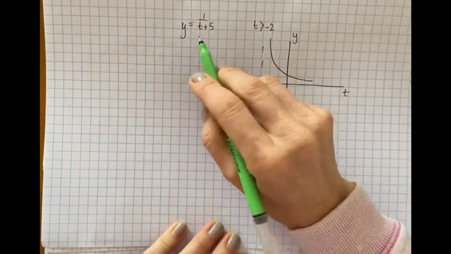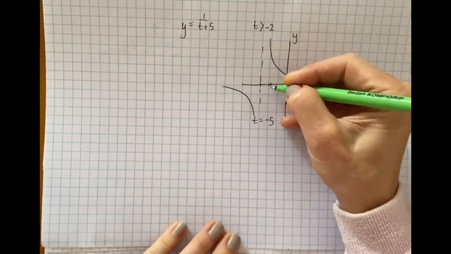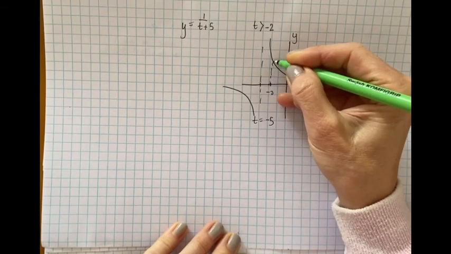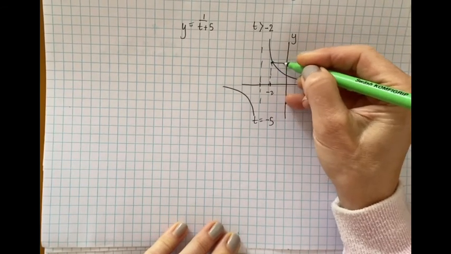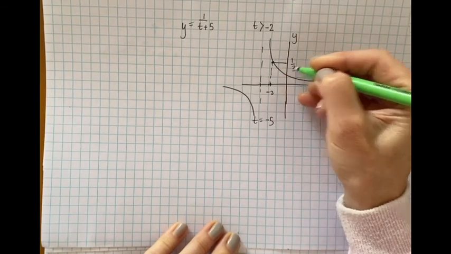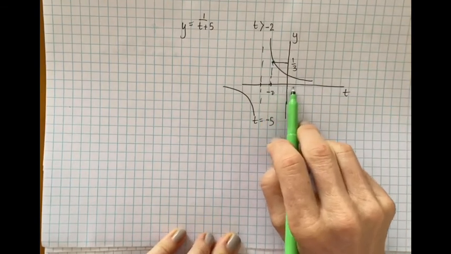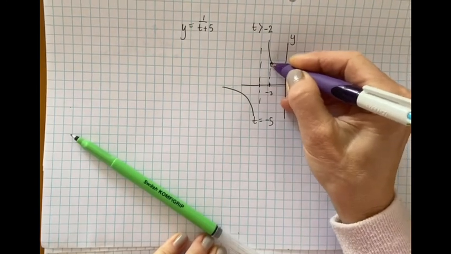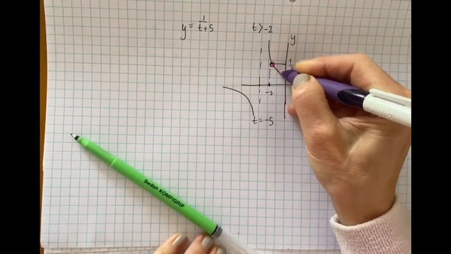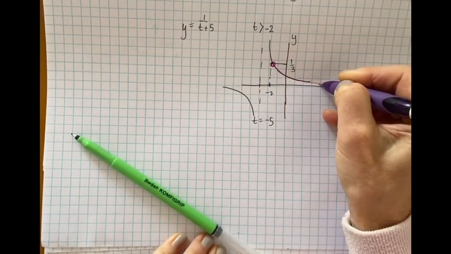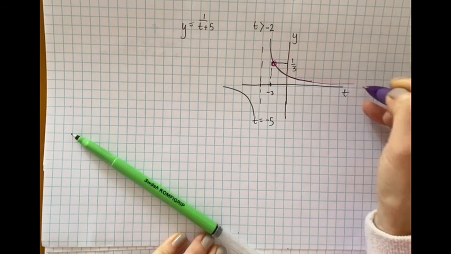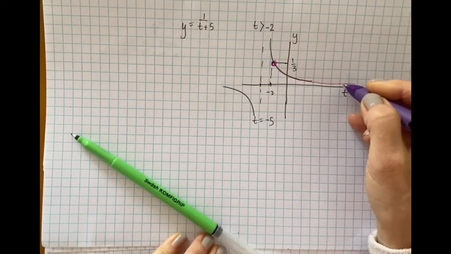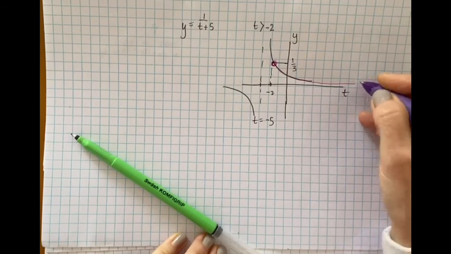So we've got minus 2 somewhere here. When it's minus 2, you get 1/3. And you can see as t gets bigger and bigger, we are going to travel along this branch only, trying to get to this asymptote, which is your t-axis, the y equals 0 line.